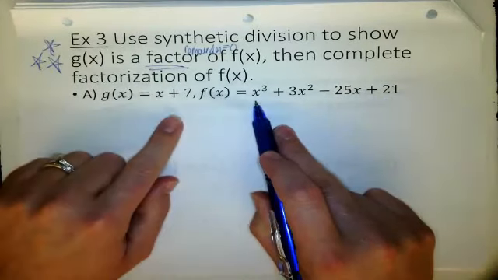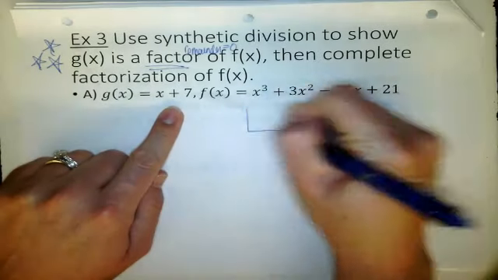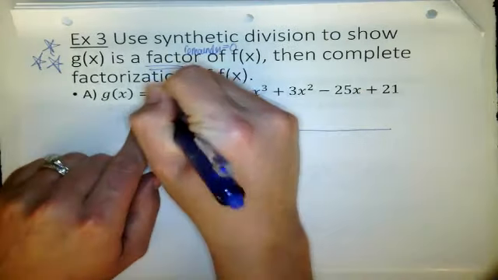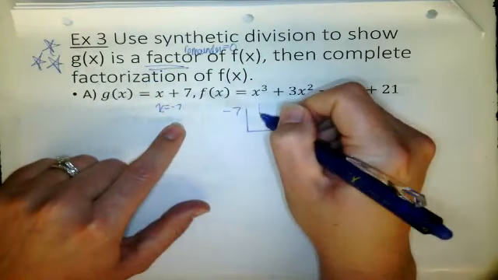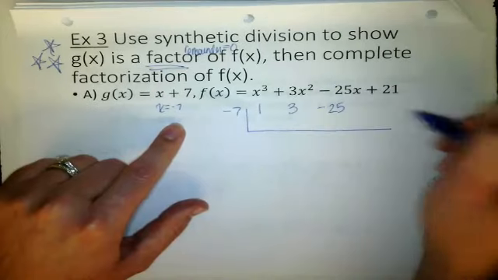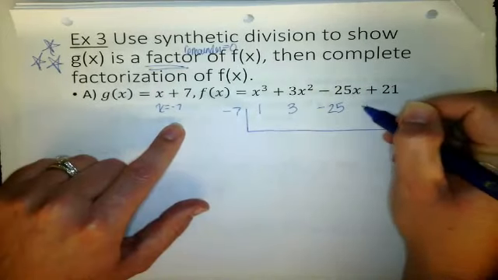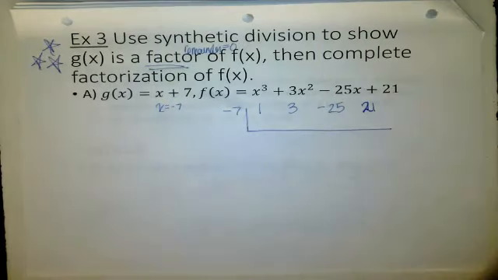And what am I dividing it by? X plus 7. What goes on the outside of my box? Yeah, x equals negative 7 goes on the outside. Good. 1, x cubed, 3, x squared, negative 25, and 21 goes along the top, which comes directly from my polynomial there that I'm trying to factor.